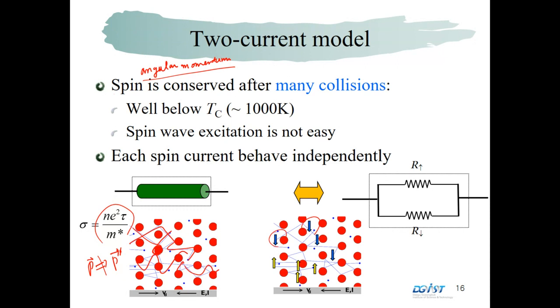That's why we call it the two spin current, two current model. We actually have a single material, but inside this material we have two resistances, for spin up and spin down, with a parallel connection. After many such collisions, finally they lose their spin information. That's called the spin diffusion length.